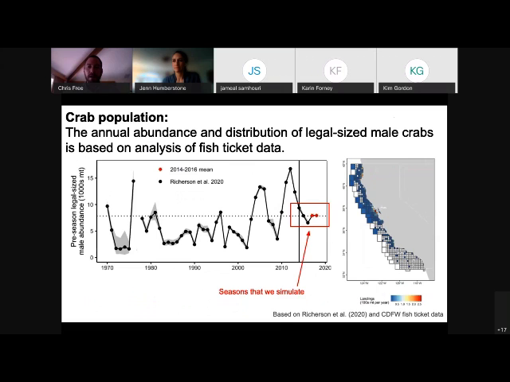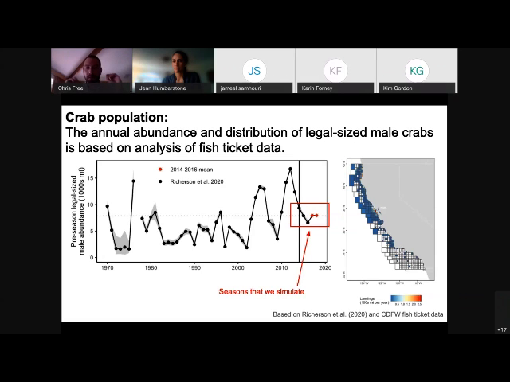So the very first step is we need some way of simulating the crab population dynamics. And so we simulate every single season. Sorry, I should have said earlier, but we're simulating on weekly time steps across the past 5 seasons, and we're simulating the abundance of legal-sized male crabs. And every season starts with preseason legal-sized male crab abundance as estimated by Richardson et al. 2020.